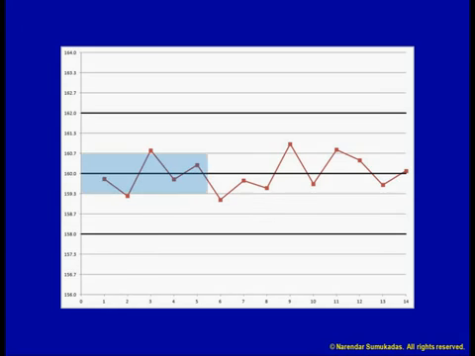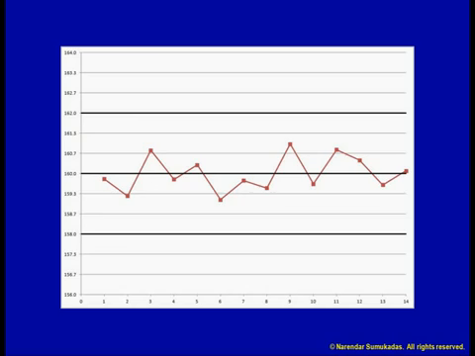About 2/3 of the points lie within the mean plus or minus 1 sigma sample band. Over 95% of the points lie within the mean plus or minus 2 sigma sample band. All the points lie within the mean plus or minus 3 sigma sample band. Therefore, the process does seem to have been behaving normally during this 2-week data collection period.